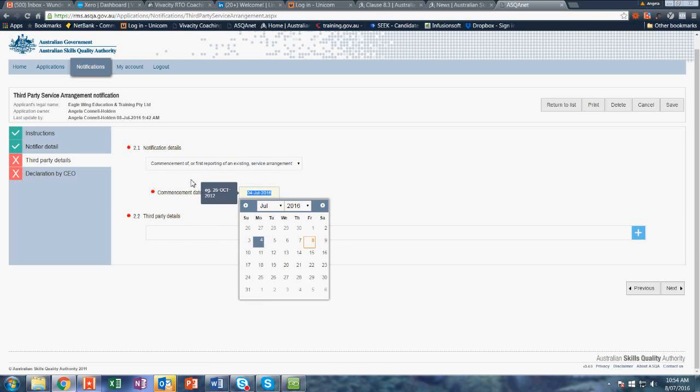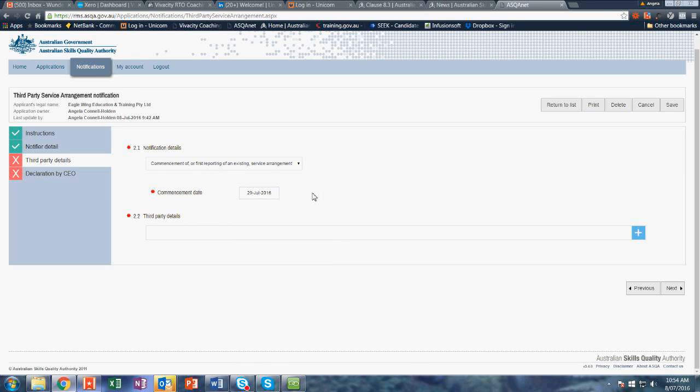You can't go any further back than 30 days, because you've got to notify them within 30 days. You can also notify them in advance that you will be commencing. For example, you might put the end of July. You haven't started yet, but you've got an agreement in place, and this is when they're going to be commencing training under that agreement.